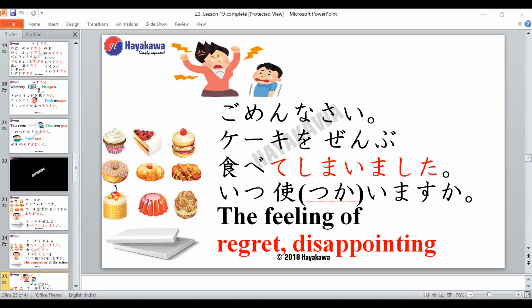Why are we feeling sorry? Doing something wrong. So you're regretting it. You're feeling disappointed. You're regretting that you ate up all the cake. So that's why you're apologizing to your mother and saying, gomenasai, keiki o zenbu tabete shimaimashita. So when you use this te shimau form, it normally means you regret something. There's a completion of an action, but that completion gives you a feeling of regret or disappointment. Okay? Any doubts over here?